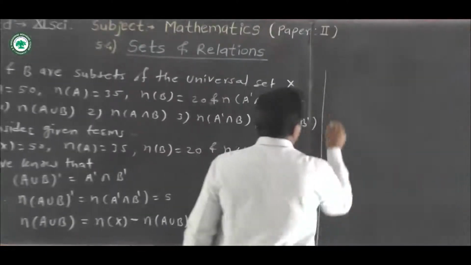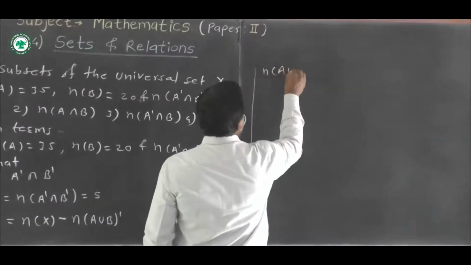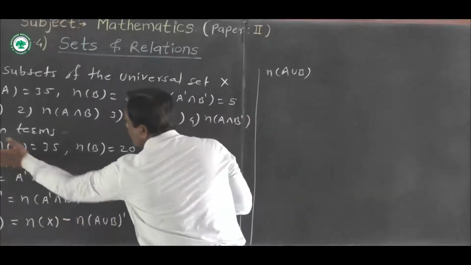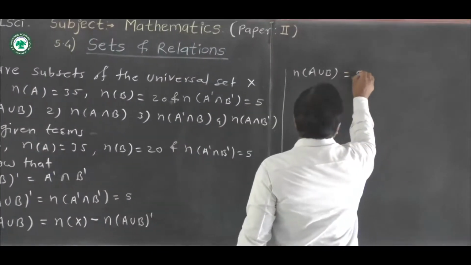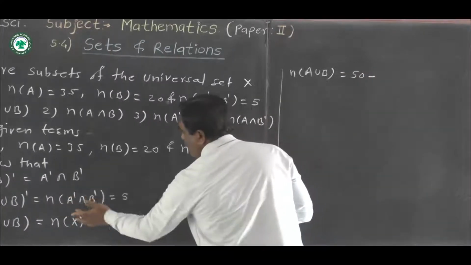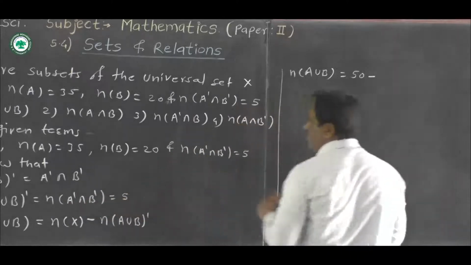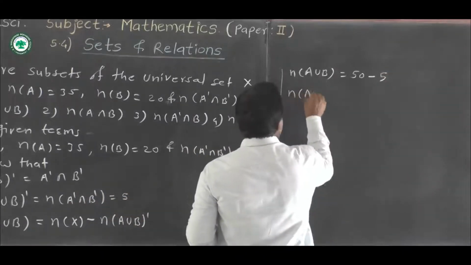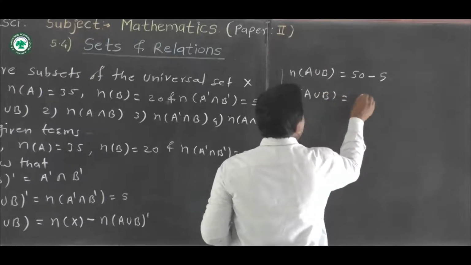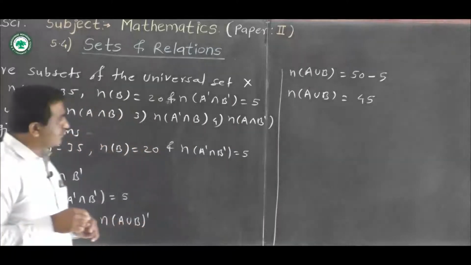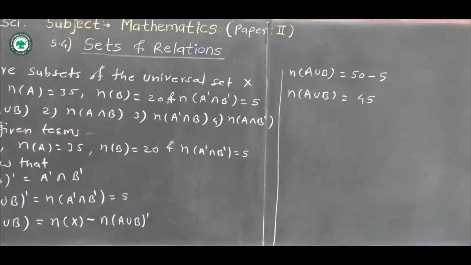That is, n(A union B) is equal to n(X), which is given as 50, minus n((A union B)'), meaning n(A' intersection B') is equal to 5. That is, we get n(A union B) is equal to 45. This is the answer for the first value, n(A union B).